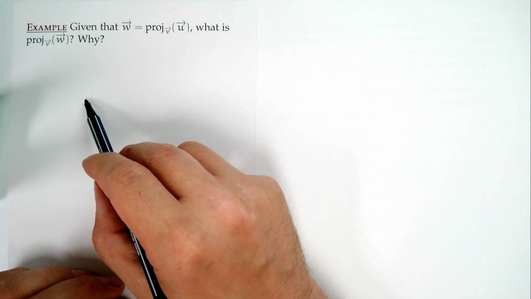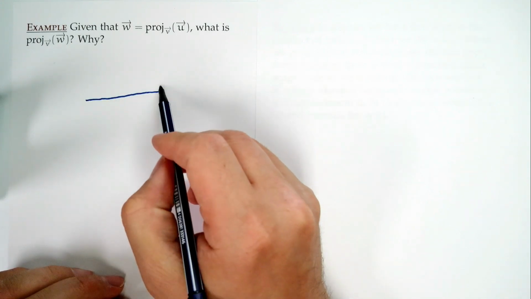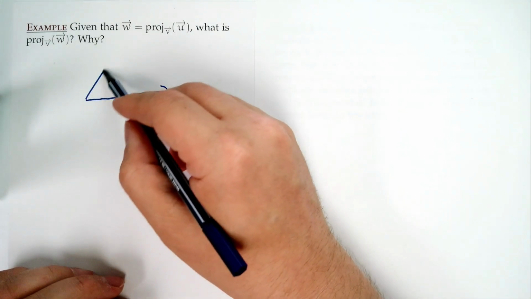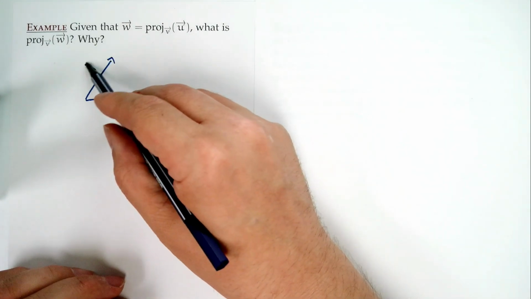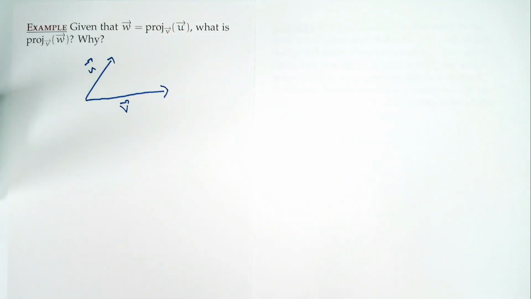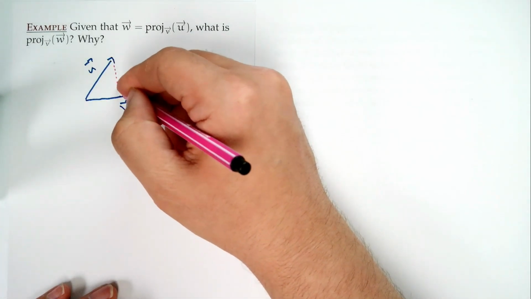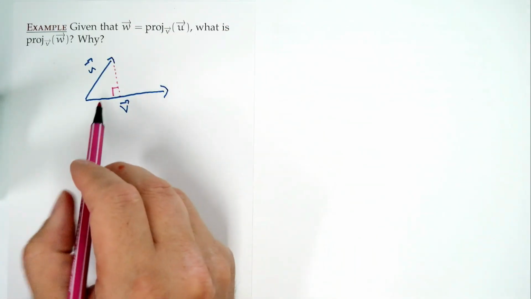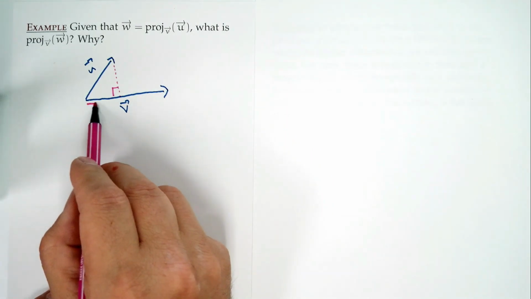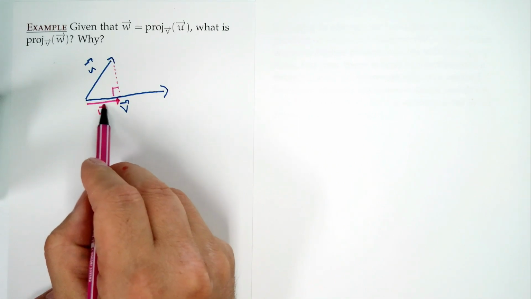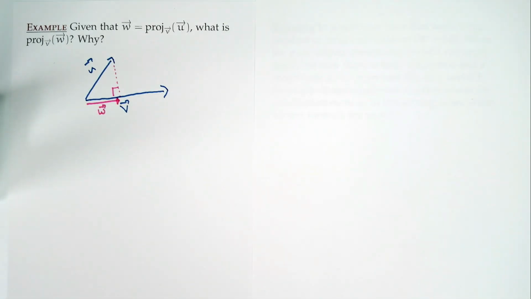So I'll draw V, and we'll draw U. If we're looking for the projection of U onto V, we draw a line straight down, at a right angle, and we're going the same direction as V, but now the length of that side. This is W. All right, so there's W.